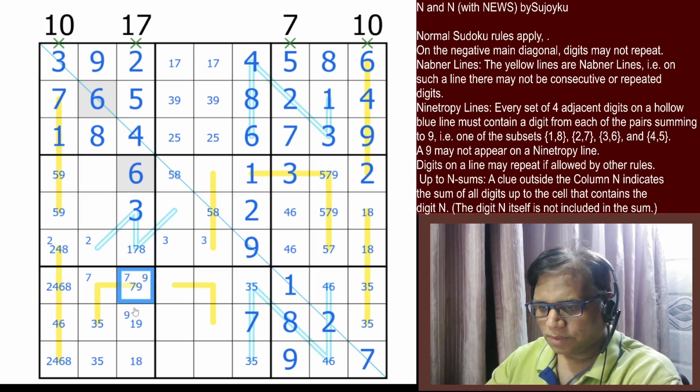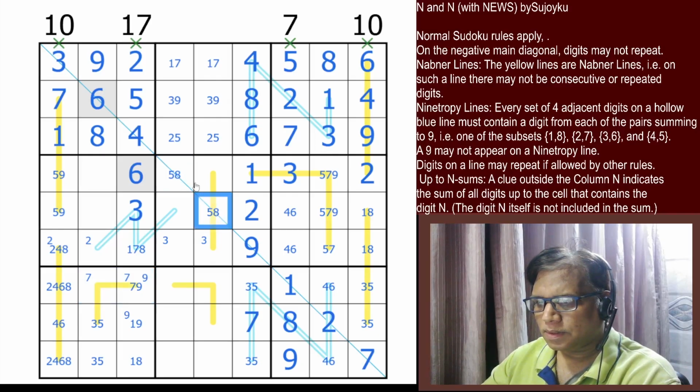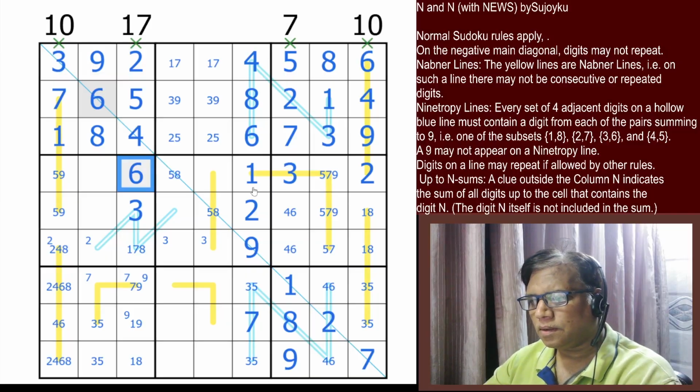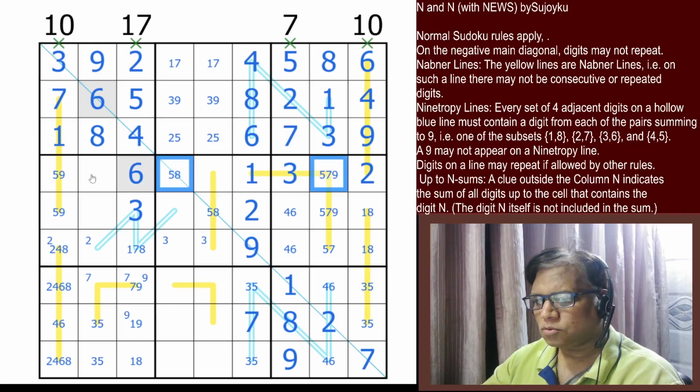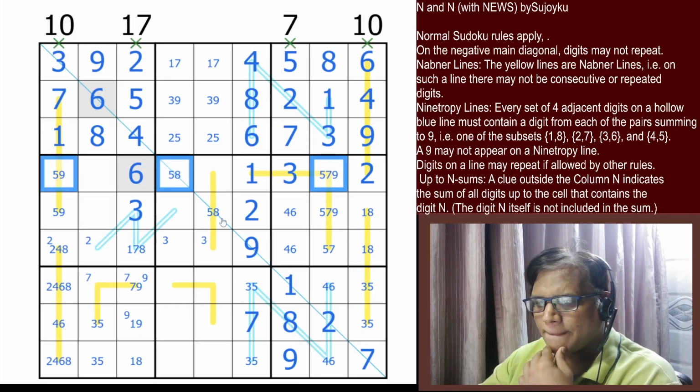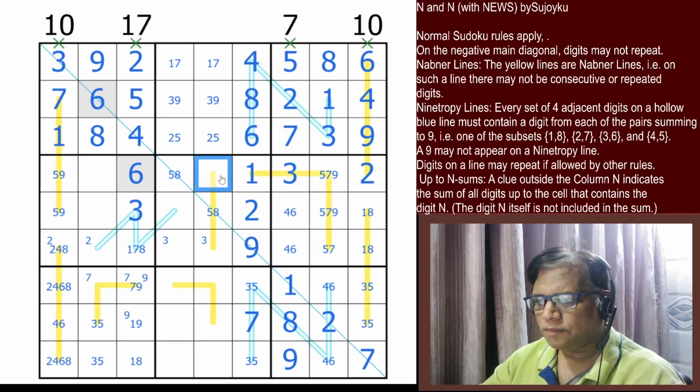You cannot have 6 also, that's okay. 5 8, nothing is happening now, right? Yep. Now this has become difficult, right? This 5 7 was too much of surprising for me. But anyway, 5 8 is there.